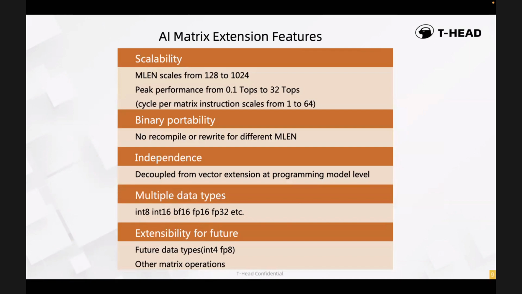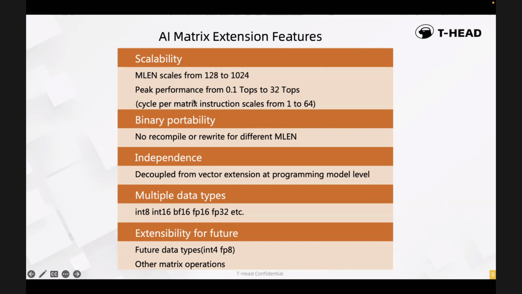In general, we hope to provide the following features for AI matrix extensions. The first is scalability. By scaling mlen from 128 to 1024, and instruction execution cycle from 1 cycle to 64 cycles, peak performance of the extension varies from 0.1 TOPS to 32 TOPS.